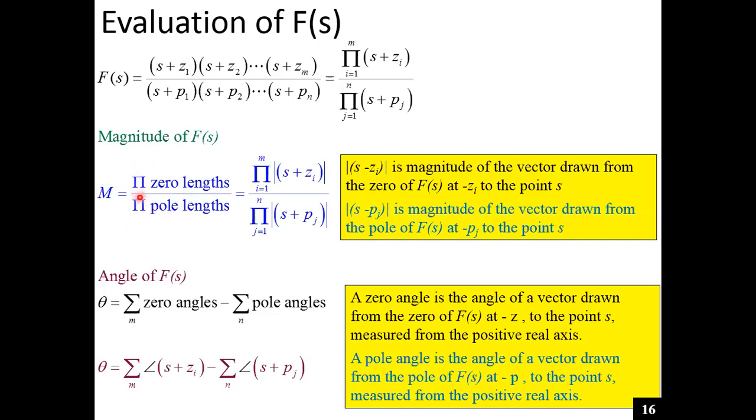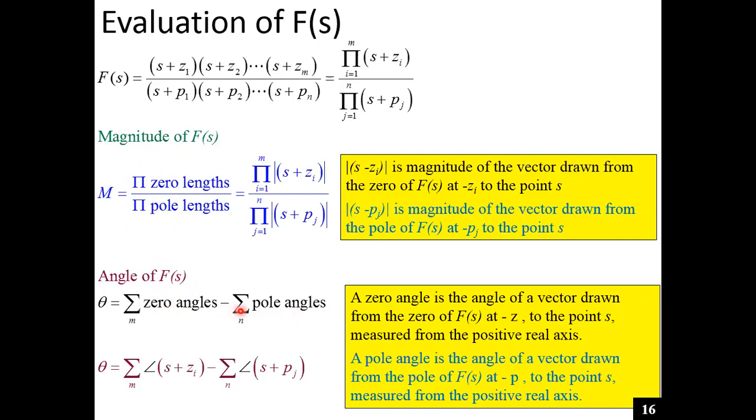This magnitude will be found using the formula converting Cartesian coordinates to polar coordinates, like the square root of x squared plus y squared, for each of the zeros and poles. Similarly, for the angle, we find the zero angles by using tangent inverse of y over x, and all the zero angles and all the pole angles will be found.